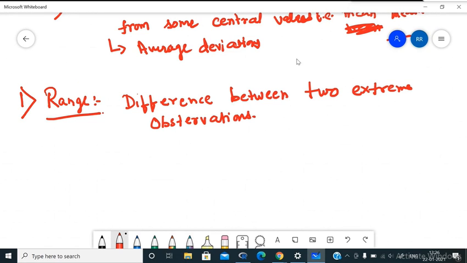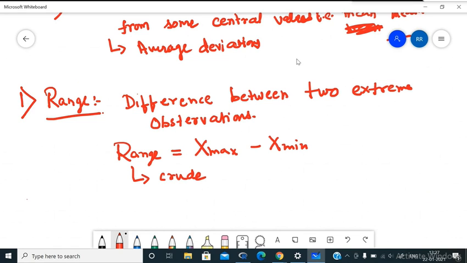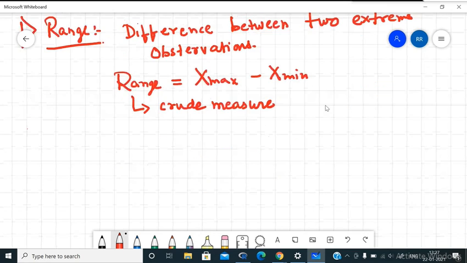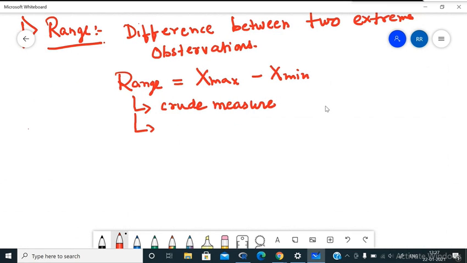Range is equal to x max minus x min. Range is the simplest but a crude measure of dispersion, and one thing you should note is that it is not based on all observations.